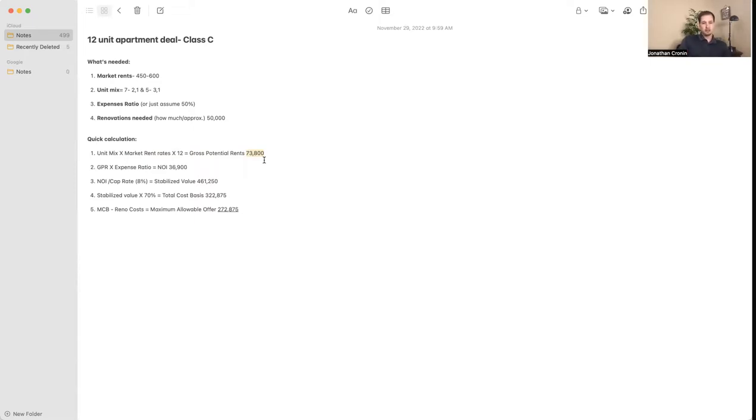NOI is $36,900. So then step 3, you're taking your NOI divided by your cap rate. Your cap rate in this scenario is what you could sell it at, at the stabilized value, which is when it's all fixed up, fully occupied, or at least above 90% occupancy.